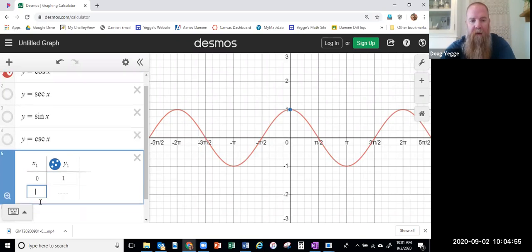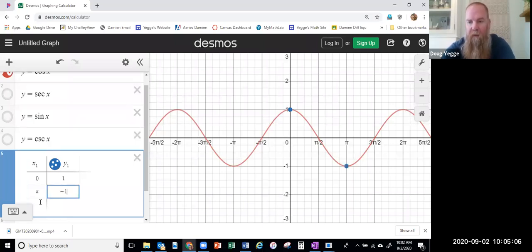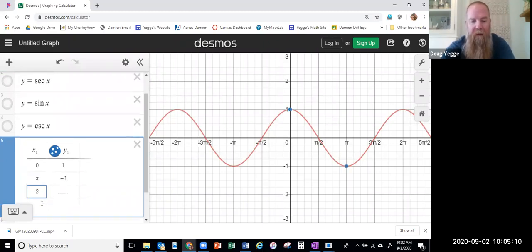I also know that by the time I get to pi, my y value for cosine is -1, so the reciprocal is also -1. By the time I get to 2 pi, the value is back up to 1 again, and so the value for secant of theta will also be 1.